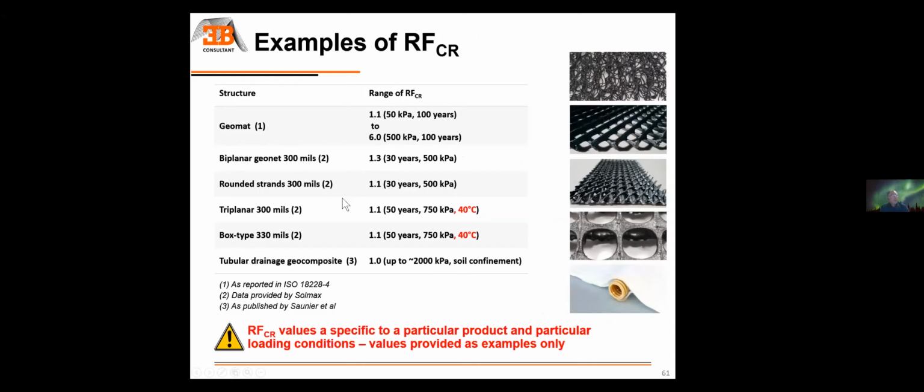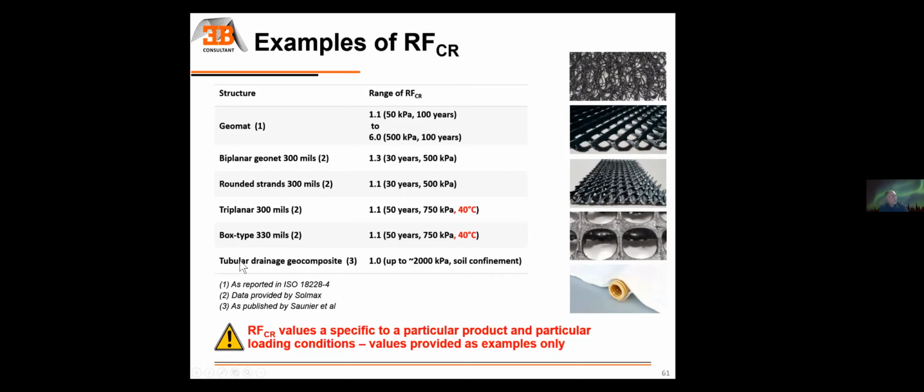For a rounded strand geonet, so it's a different type of structure which is less sensitive to rollover, we're going to reduce these reduction factors to 1.1, which is very good. Triplanar at high temperature and much higher load, we're still around 1.1. Box type, which is this kind of structure, you're again at 1.1, 40 Celsius.